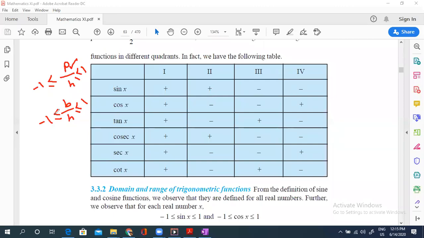Hypotenuse is always fixed. It won't change. Everyone got this concept? Just tell me.